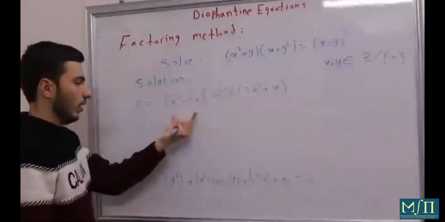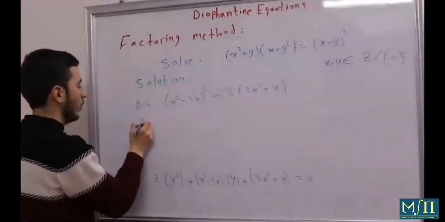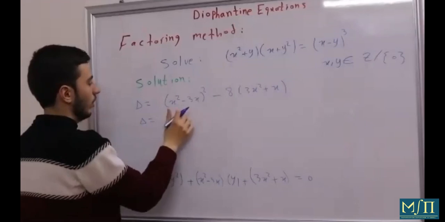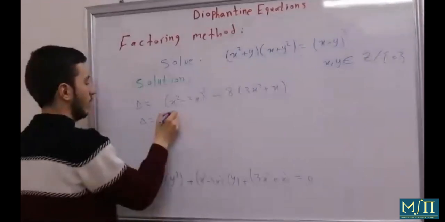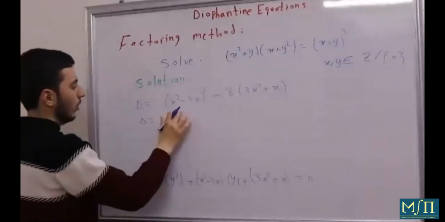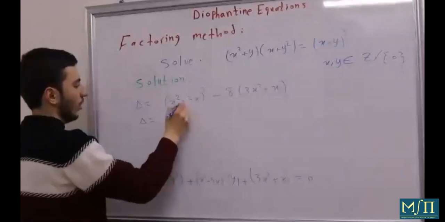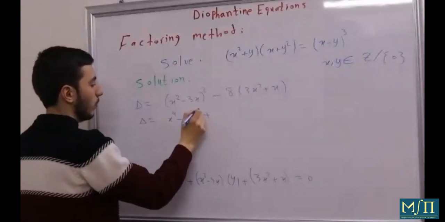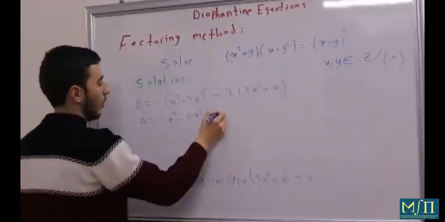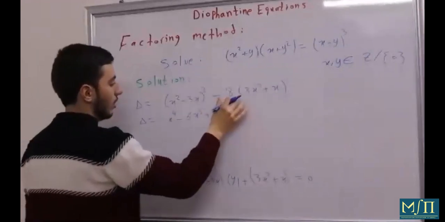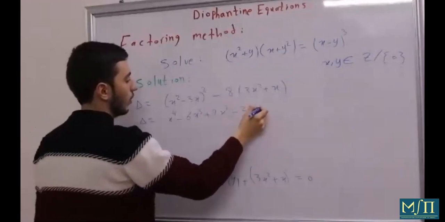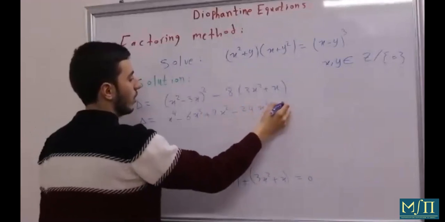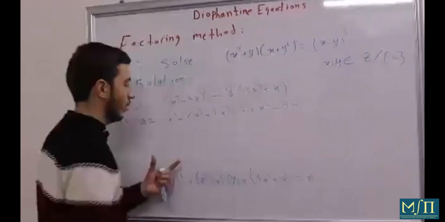So that's delta. Now delta is x to the 4 minus 6x cubed plus 9x squared minus 24x squared minus 8 times x.